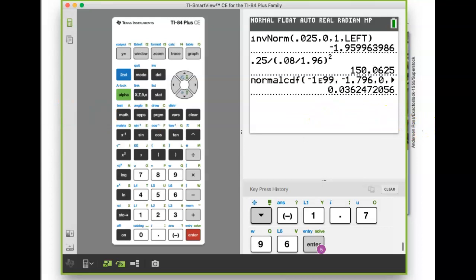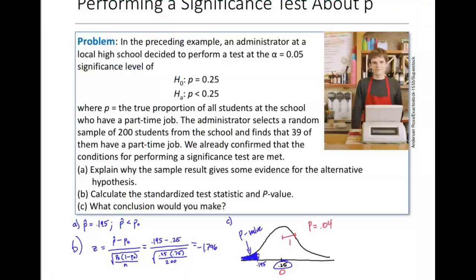So what would I conclude at the alpha equals 0.05 level? All right, so part C. At alpha equals 0.05, do we reject the null hypothesis or do we fail to reject the null hypothesis? Do we have enough evidence?